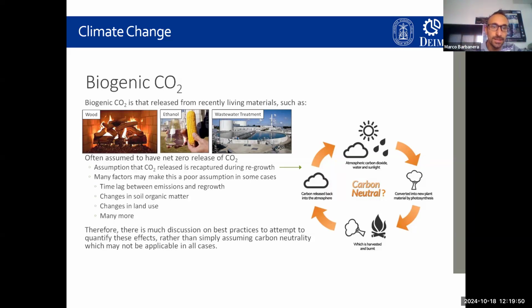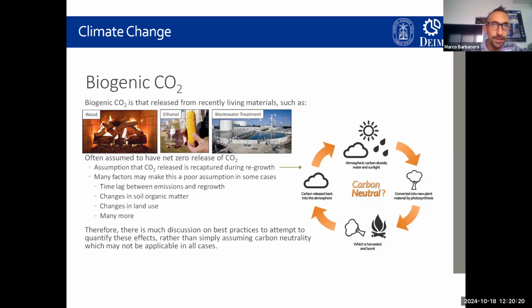Biogenic greenhouse gases are released from biological processes. So when we interpret the results of the LCA study in terms of climate change, it's important to divide the fossil and the biogenic greenhouse gases.